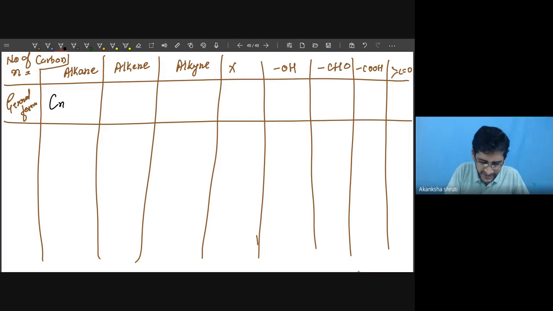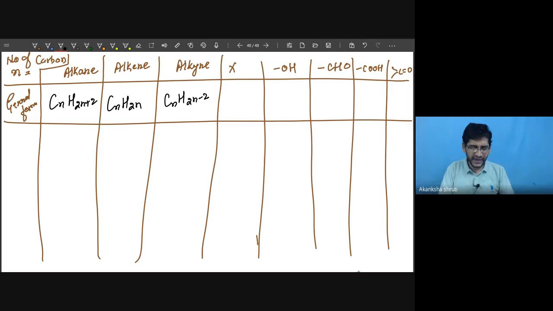It is given by CnH2n+2. This we had learned last day. It is CnH2n for alkene, and CnH2n-2 for alkyne. Say in alkane, if X is there, it becomes CnH2n+1 with this one molecule of X, maybe chloro, bromo, halo.